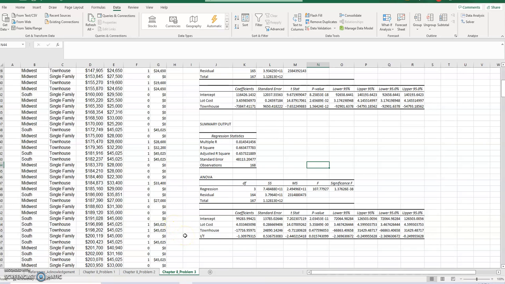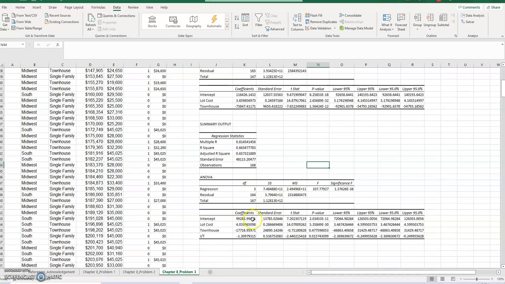And that would seem to make sense if you're building a single family home versus a townhouse. Again, assuming you build it on the same lot, you would expect to pay more money for a single family home than you would for a townhouse.